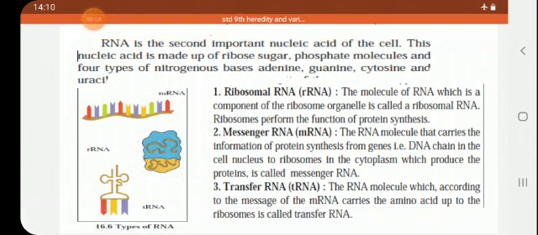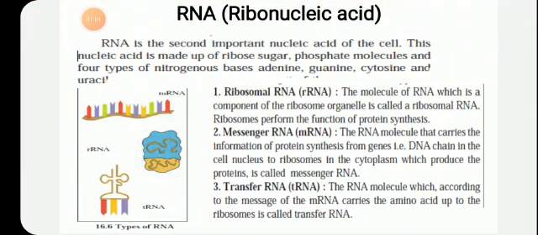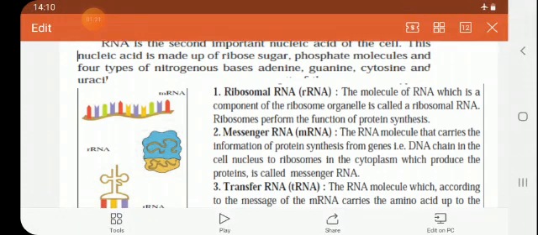What you studied about DNA, the same thing is there, but as you know, purine contains adenine and guanine, and pyrimidine contains thymine and cytosine. Here in RNA, you came to know that the adenine and guanine purine bases are the same, but in place of thymine, uracil and cytosine are present.